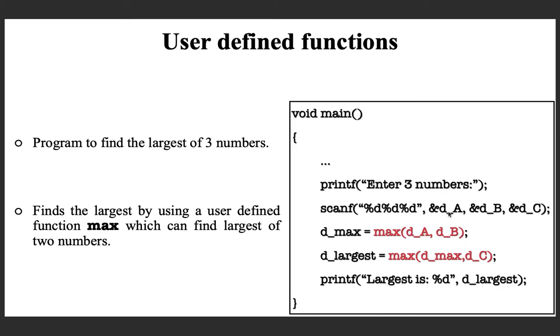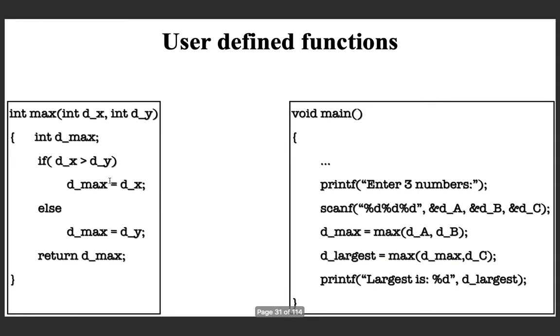So in the program, I am reading three decimal numbers A, B and C. Then using max, I am finding the maximum of A and B and assigning it to this variable. Then this is the local maximum, and that local maximum is compared with the last number C, and thus I am finding the required largest. Now let us see how it works.